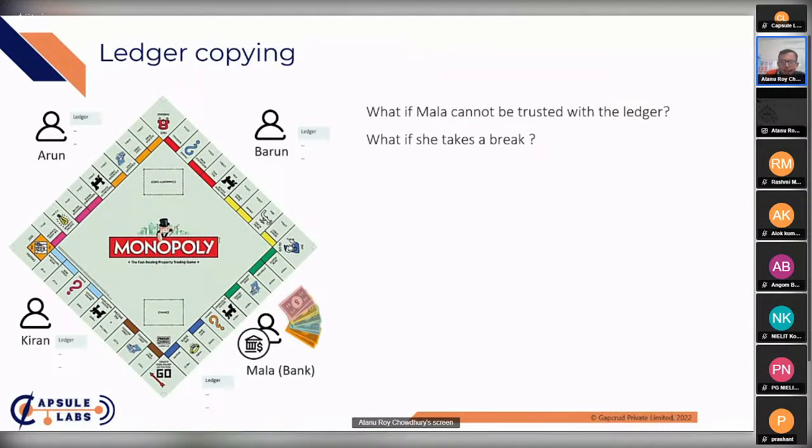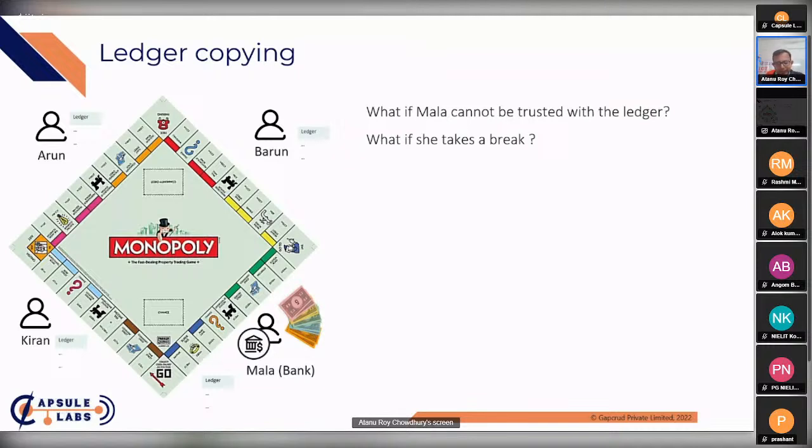So coming back to our Monopoly game, we said that what if Mala cannot be trusted with the ledger? What if she's taking a break? So the fundamental premise is that Mala was keeping the ledger, and people are not feeling happy about her keeping the ledger. So one solution is everybody maintains their own ledger.